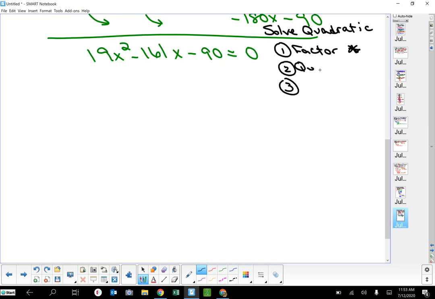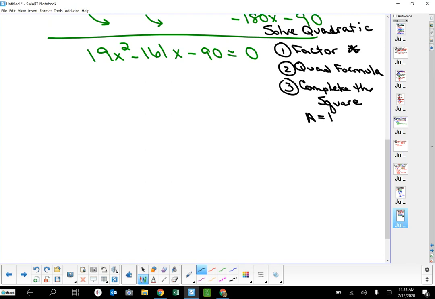You can use the quadratic formula: x equals negative b plus or minus the square root of b squared minus 4ac, all over 2a. Or you can complete the square. Something I would never do on this particular problem, because remember, when you complete the square, your a has to equal 1, and if it doesn't, you have to divide, which means you're dividing all 3 of these terms by 19, and that's just gross. So quadratic formula or factor.